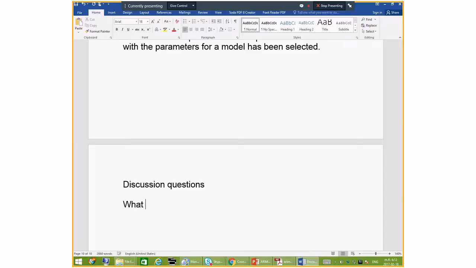What is the main difference between the form of AR, autoregression, and MA in a time series model?